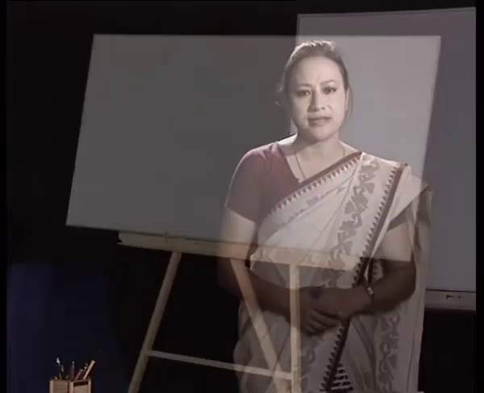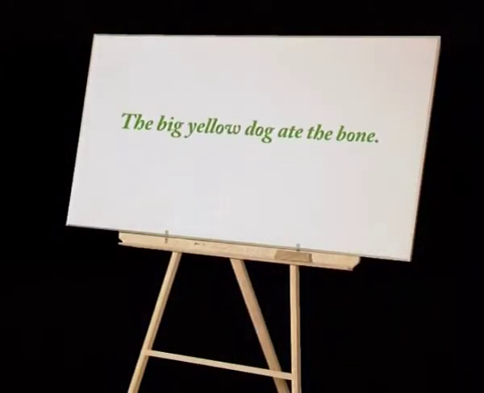A language also contains specific rules for properly connecting syntactic atoms to form sentences. These are called phrase structure rules. The sentence, "The big yellow dog ate the bone," is well formed because it uses the parts of speech in a way that conforms to the rules of English syntax.